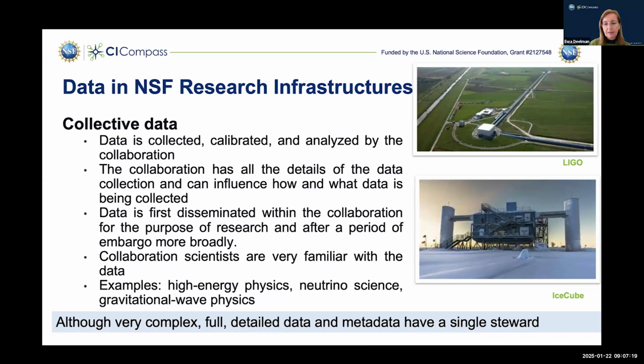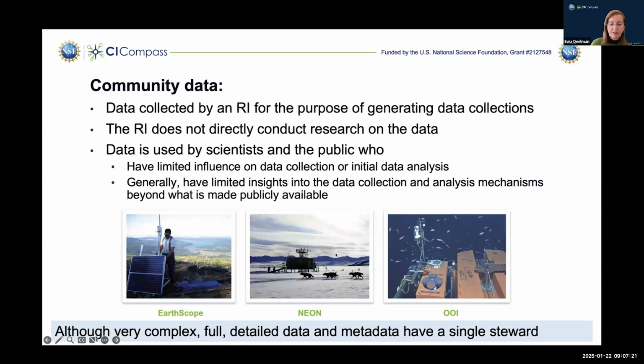Now, if you look at other types of research infrastructure, and now I'm thinking of things such as EarthScope or NEON or OOI, you can think of these more as community data. So in this case, data is collected by the research infrastructure for the purpose of generating data collections.